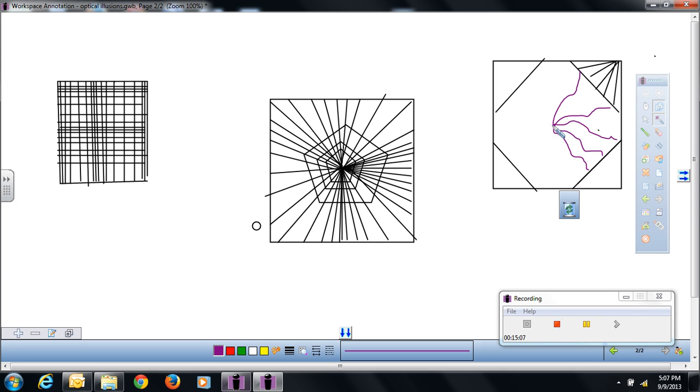You can be waving converging lines. They don't have to be straight. You just have to have a lot of them so that your plane looks like it's moving back in space, like those ones that you saw.